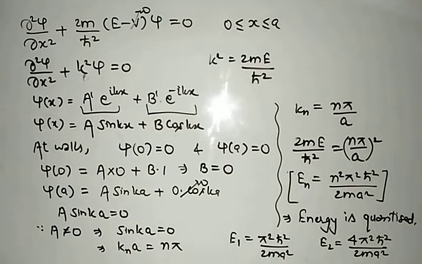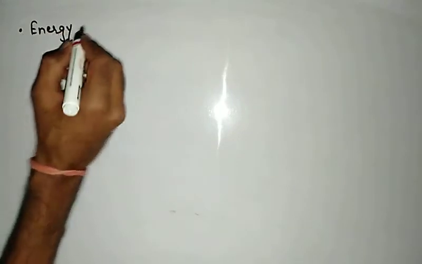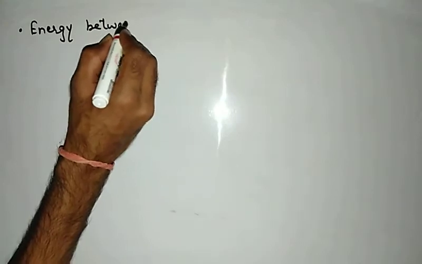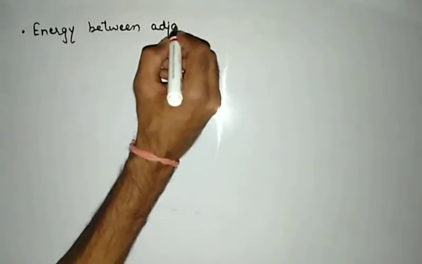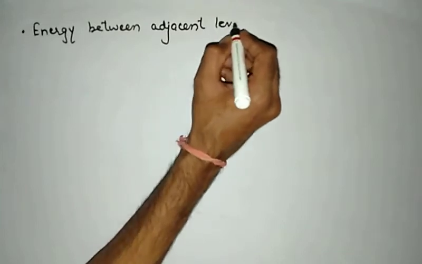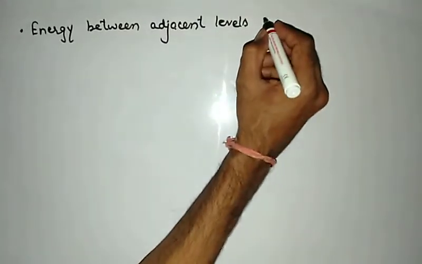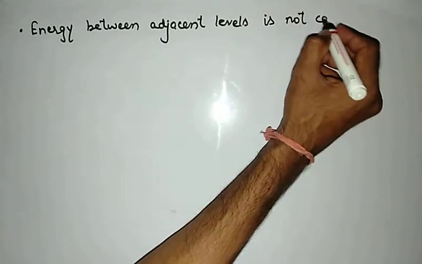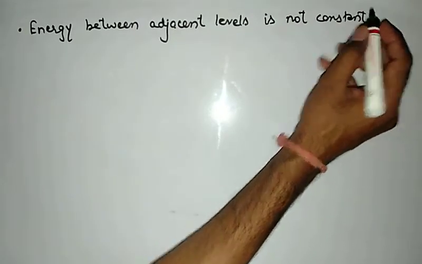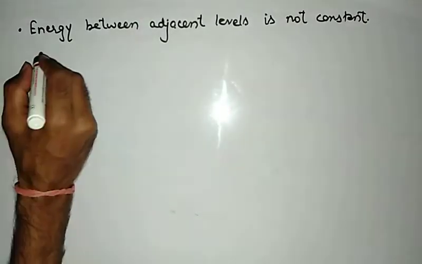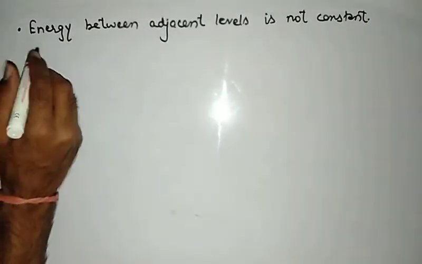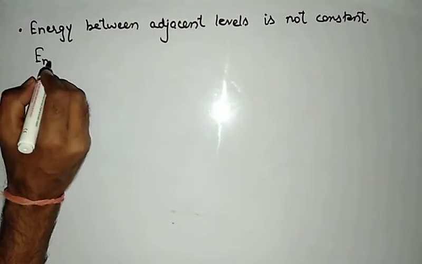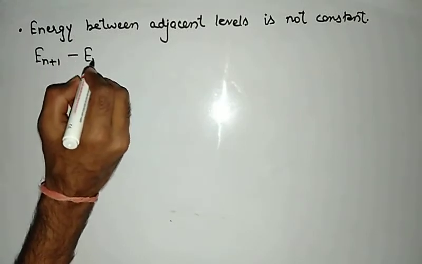Now dealing with the wave function. Before calculating the wave function, one more interesting point: the energy between adjacent levels is not constant. You can see using the formula, just find En plus 1 minus En.